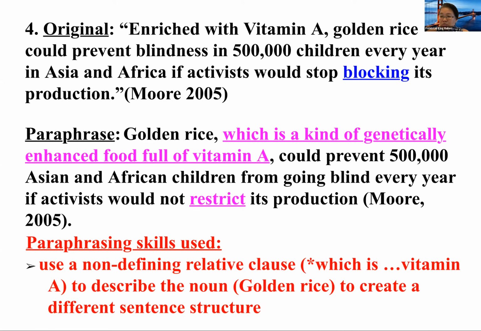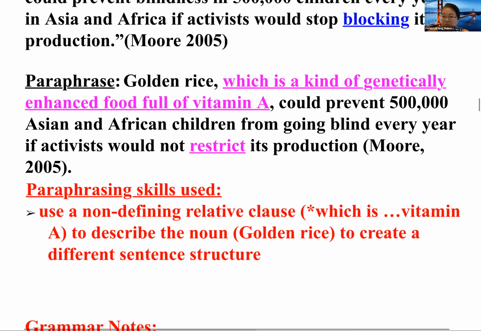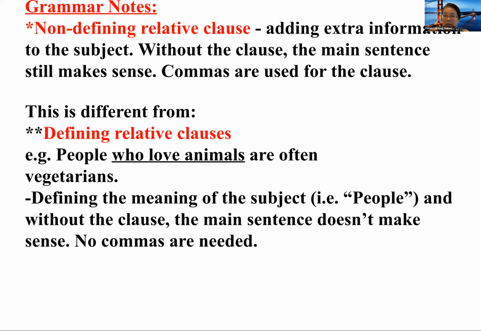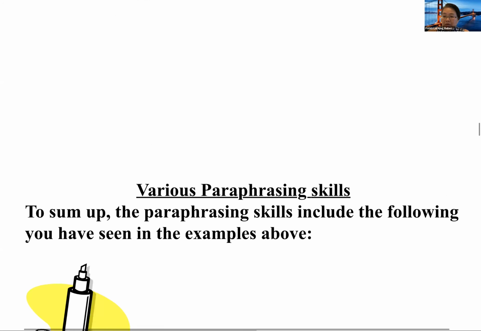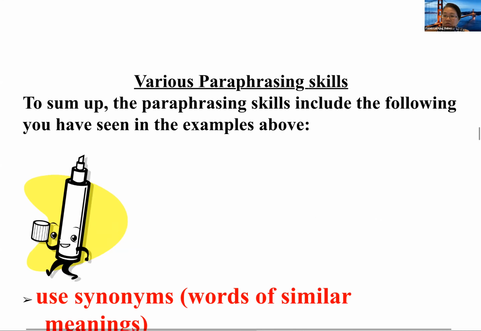Don't confuse this with the subject, which is... this is, which is a kind of genetically enhanced food full of vitamin A, is just the verb form for the relative clause. So make sure you don't make any mistakes about that. If you're in doubt, go and Google search some grammar websites, looking at more examples of defining or non-defining relative clauses.